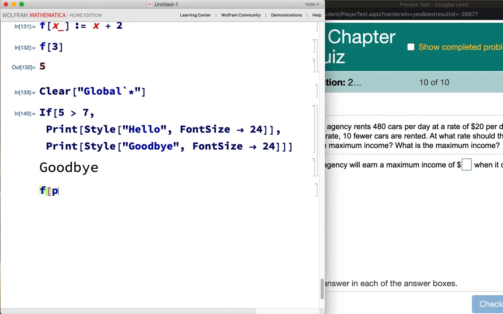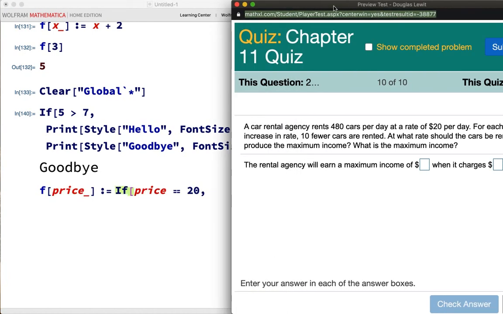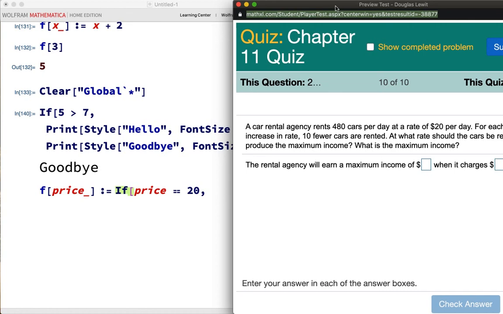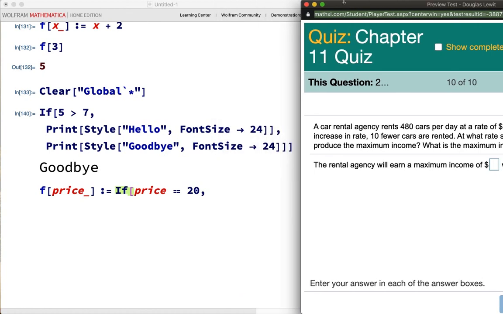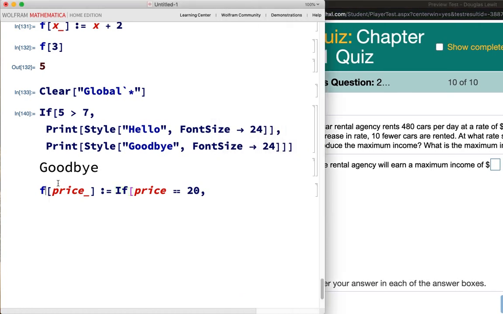F of price is equal to, if the price is equal to $20, then my profits, why don't I just call this profit?